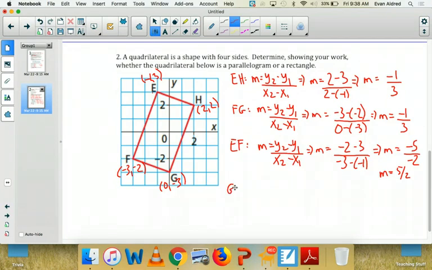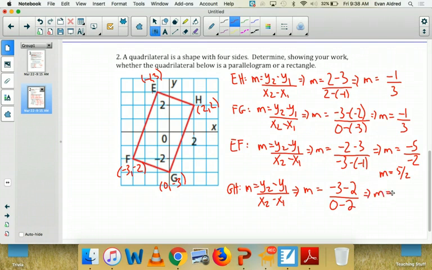So now for GH, again, if this is a parallelogram or a rectangle, left and right sides have to be parallel to one another. So let's take a look and make sure that that's the case. Negative 3 subtract 2 over 0 subtract 2.